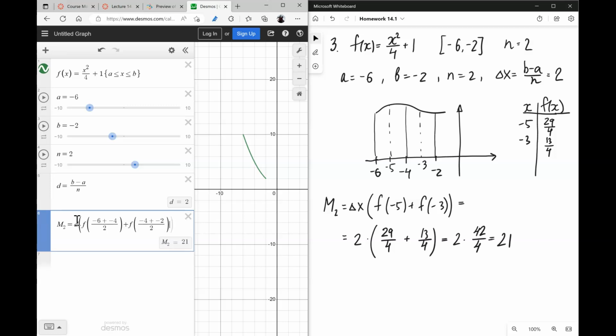It certainly takes the computational pressure off, and allows you to focus on the actual task rather than being worried about whether you computed it right or wrong. So the answer is 21.